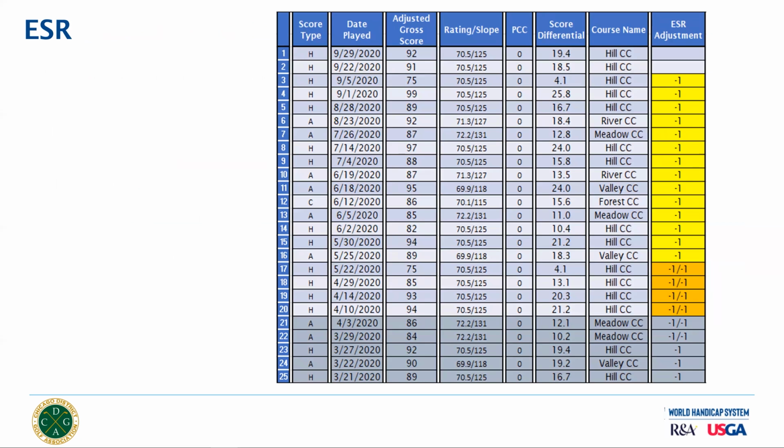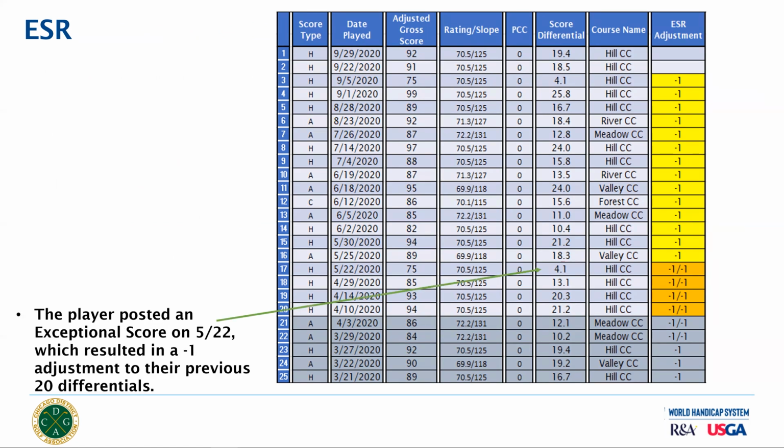Here's a chart that we'll walk through that shows how the ESR affects the differential. In this first example, on May 22nd, the player posted an exceptional score, which resulted in a -1 adjustment to the previous 20 differentials.